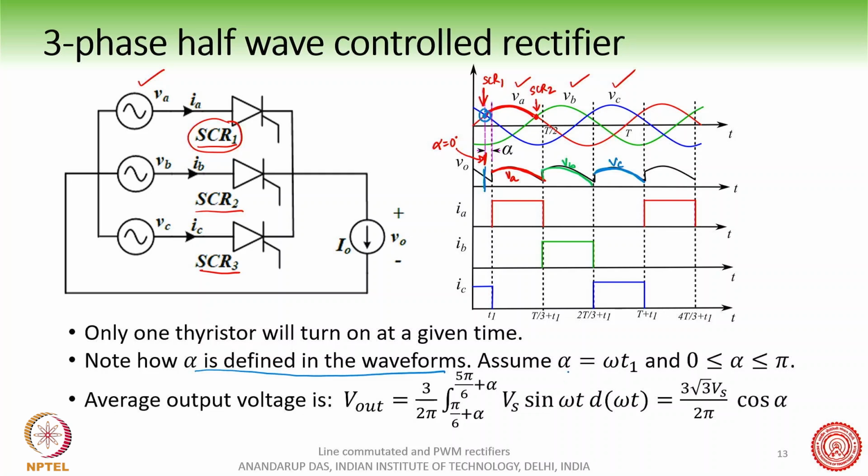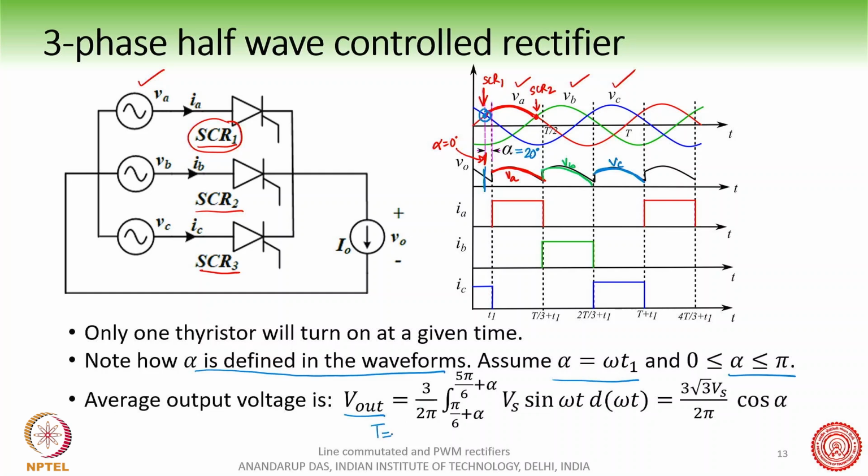So assume again alpha equal to omega t, with 0 less than alpha less than pi. So what is the average output voltage? Here we have shown probably an alpha of maybe 20 degrees, but you can take any value of alpha. The average output voltage is 1 by T. Now what is T here?